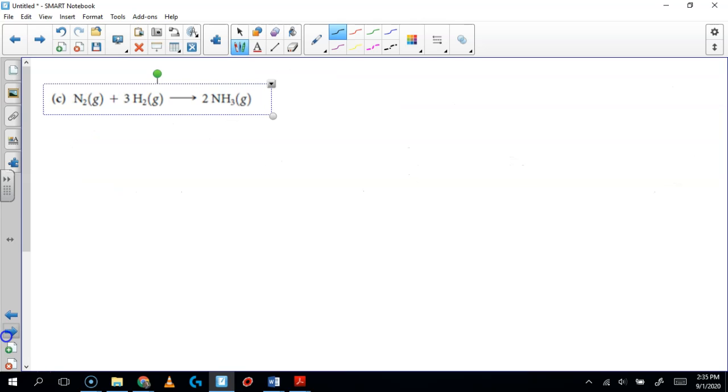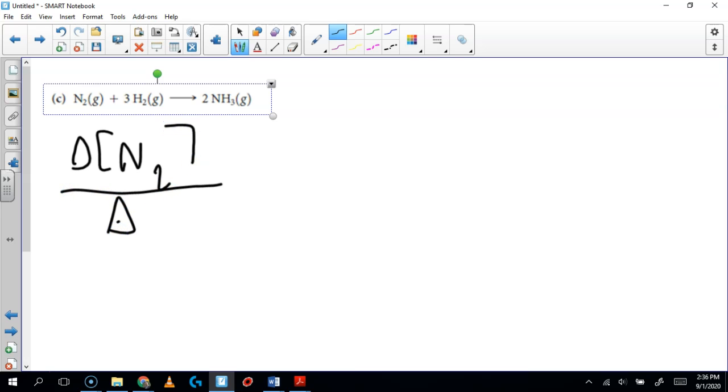So now you see this reaction all over the place in general chemistry classes. This is the Haber process, where nitrogen and hydrogen are reacted to form ammonia. And again, we're going to use the reactants and the products and their coefficients to come up with this relationship. So this is going to be the change in concentration of N2 over the change in time, and because it's a reactant, we're going to make that negative.